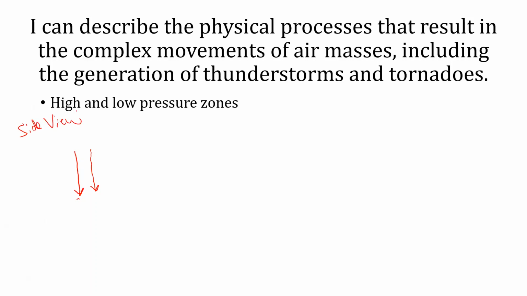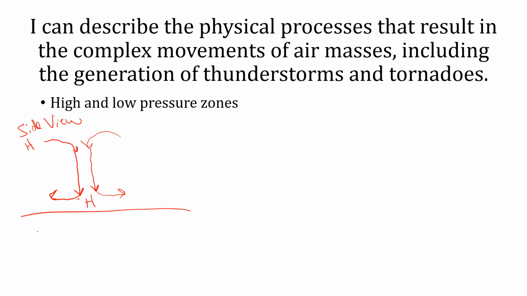Everyone should be able to draw both side views and top views of high and low pressure systems at this point. So this is a high pressure system because all the air is pushing down onto it. Once it reaches the surface, that air has nowhere to go except outwards. And if you were to look in the upper atmosphere, it would be coming in like this.